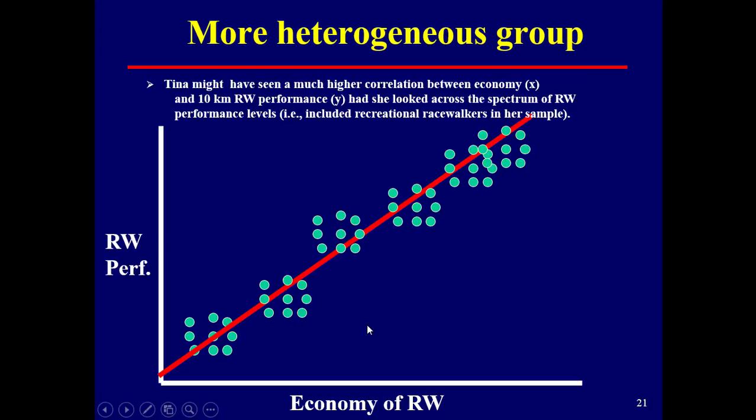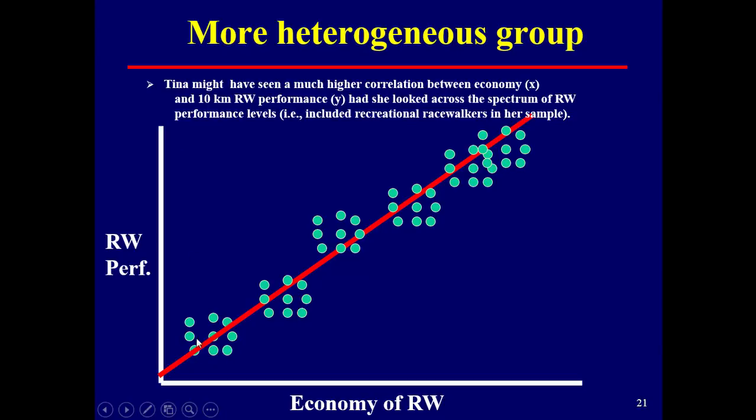If, on the other hand, instead of just measuring, as I'm showing you here on this graphic, the Olympic and national caliber athletes, I had looked at the economy or efficiency of race walking over a spectrum of athletes, including some of the recreational race walkers, I would have seen a much higher correlation, perhaps in the range of 0.7 or 0.8, in that race walkers that are more economical have greater race walking performance.